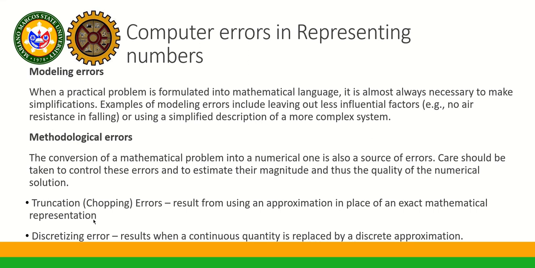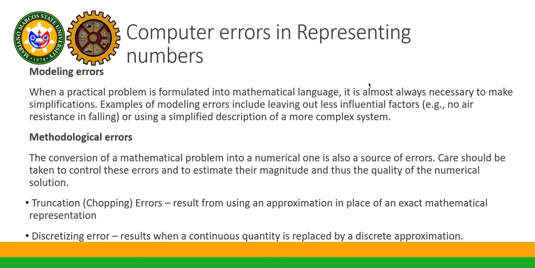Example of this is the Taylor series, yung mga series na sinasummation na lang natin. And then, another is discretizing error, which results when a continuous quantity is replaced by a discrete approximation. So when we approximate, mas meron talagang error na nangyayari kaysa sa exact na value na kukunin natin.